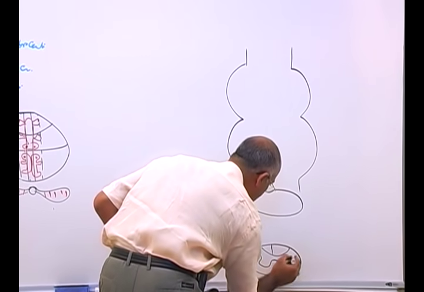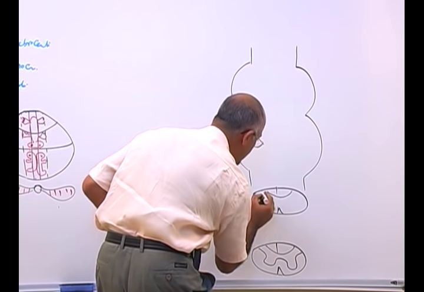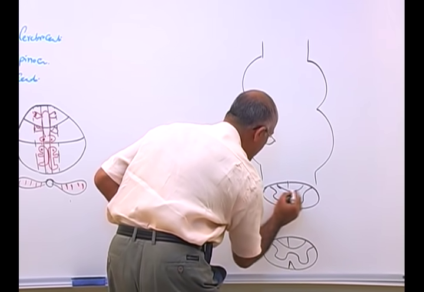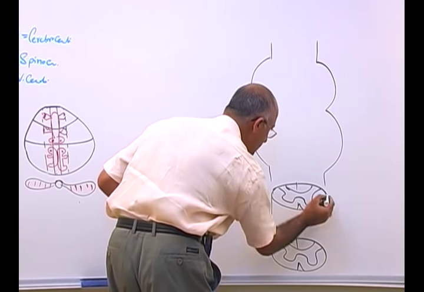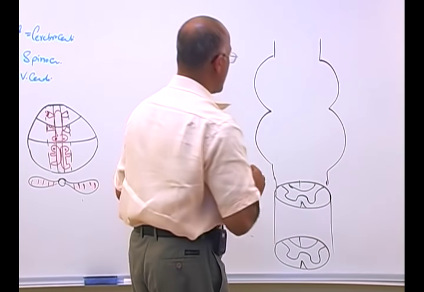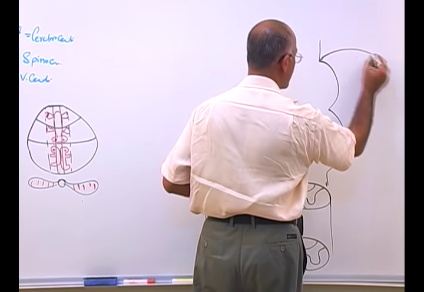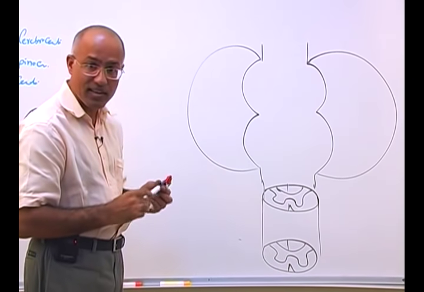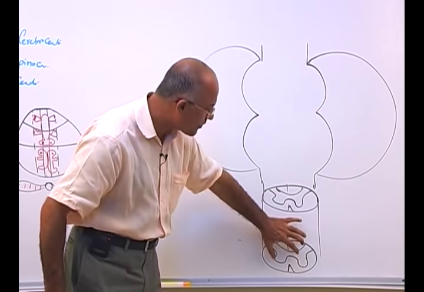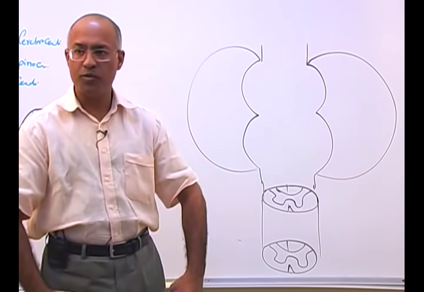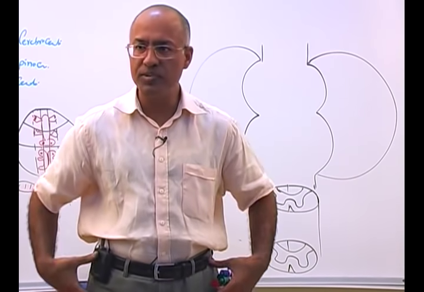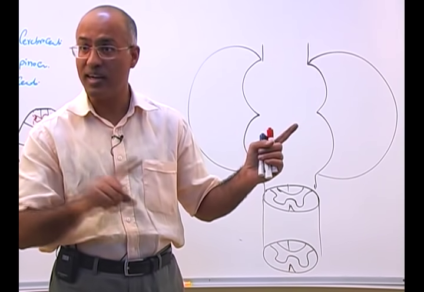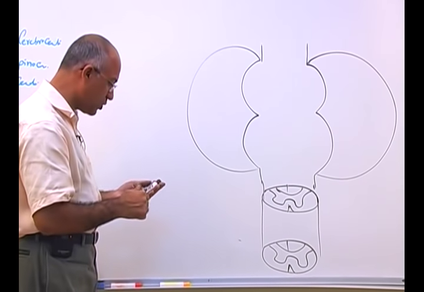I have made two sections, one upper section and the other, of course, lower section. Now here is your cerebellum. We have to bring the information from the trunk and from the limbs to the cerebellum, right? Now how does this information go there?